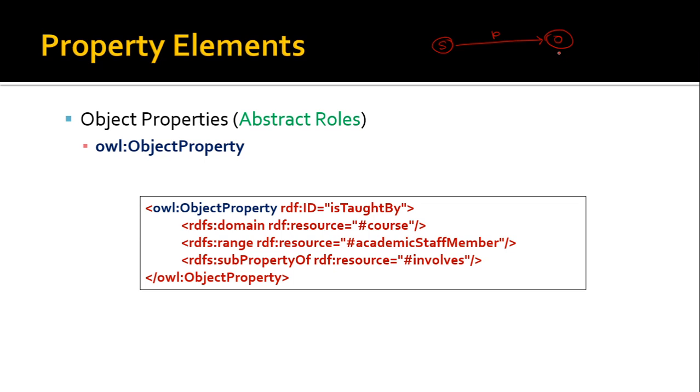Now this object can be one resource or it can be one value, right? Whenever it is a resource, then that kind of property is called object property.